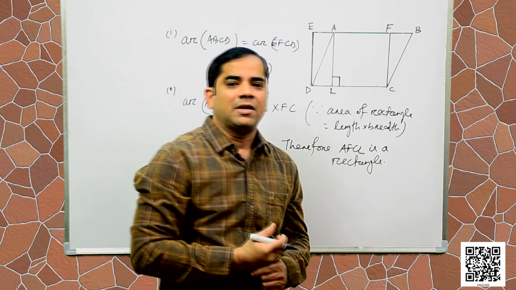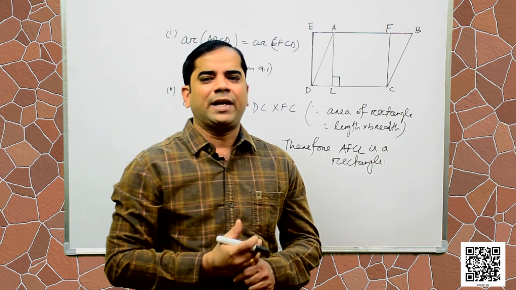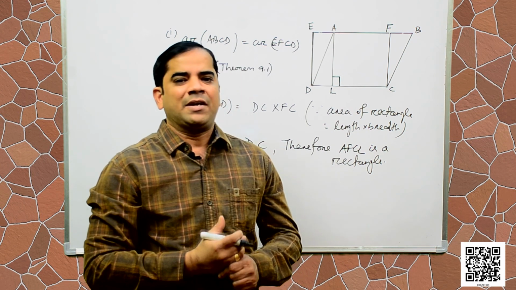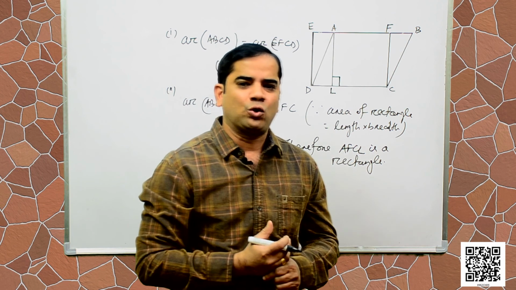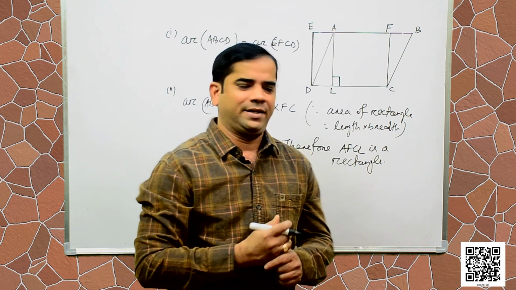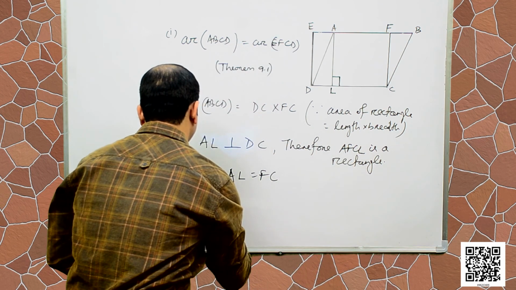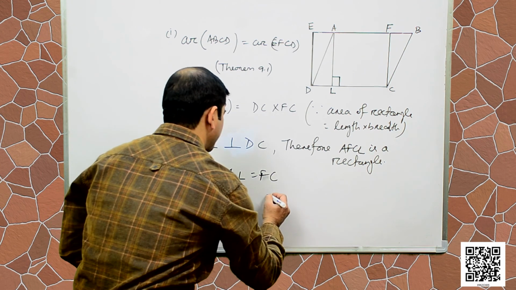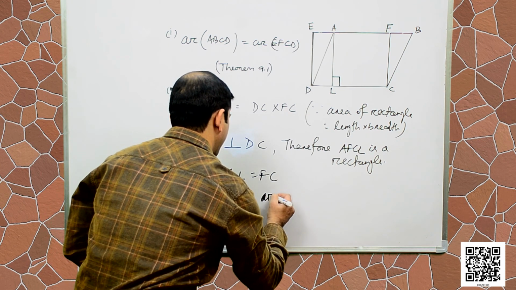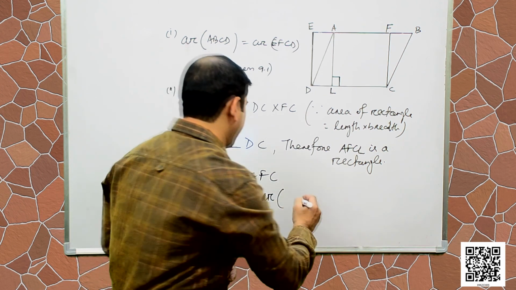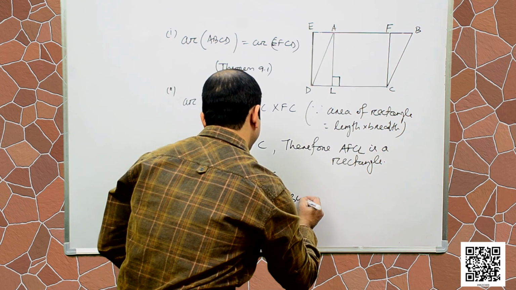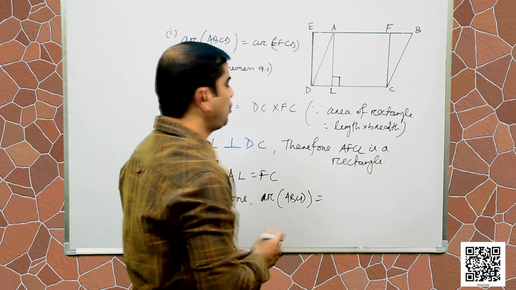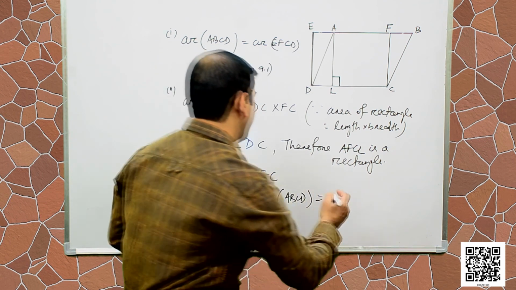That means we can conclude that area ABCD is equal to DC into AL.